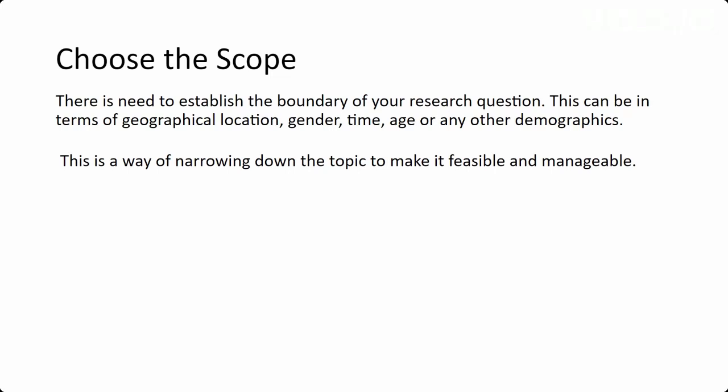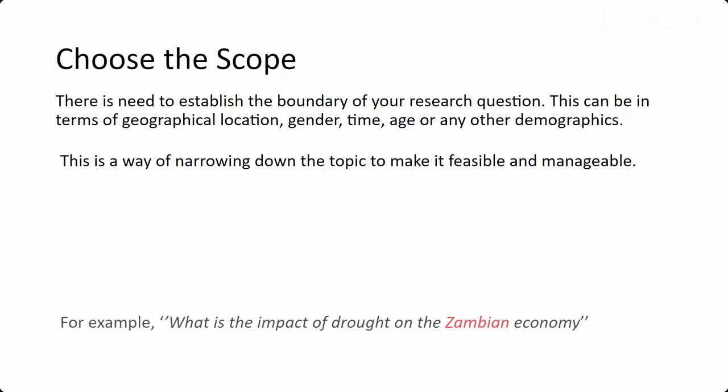The scope makes your topic feasible and manageable, because there is the limitation of resource and time in the world. You can be given a very wide topic and it can even cover maybe your lifespan. But how are you going to manage it? Of course, you can't. So you need to set a scope which you can manage.